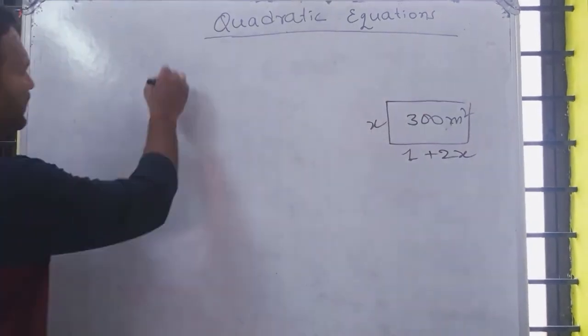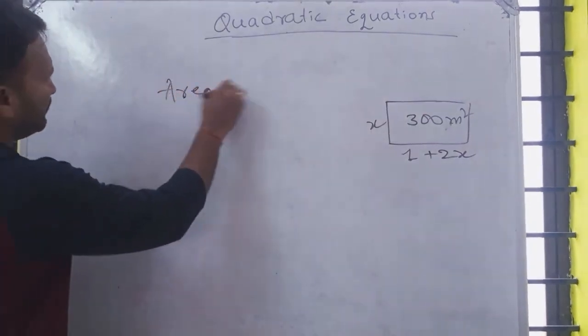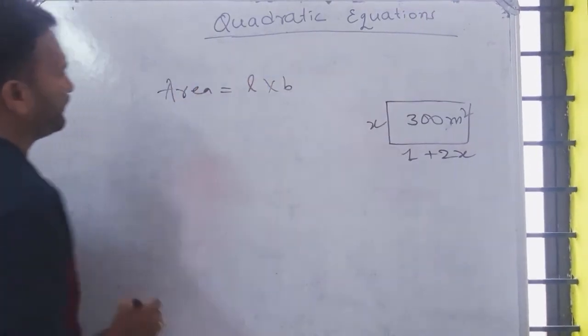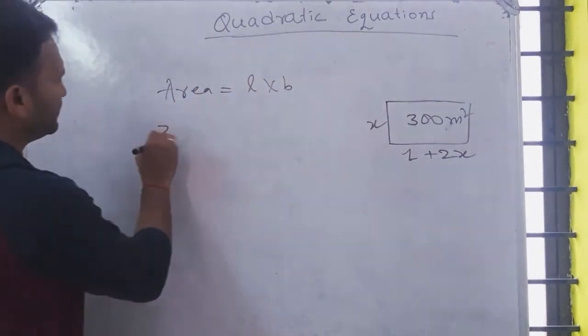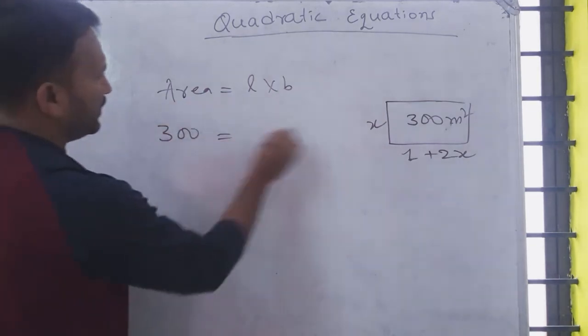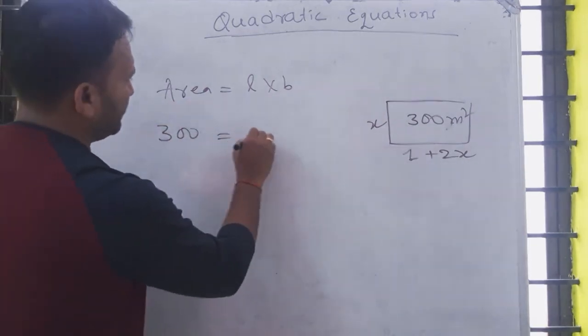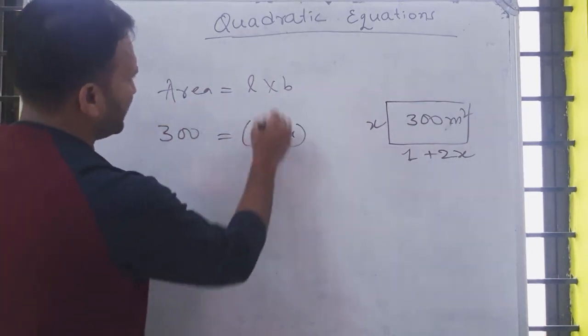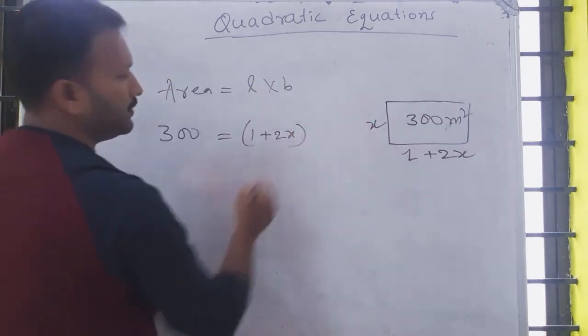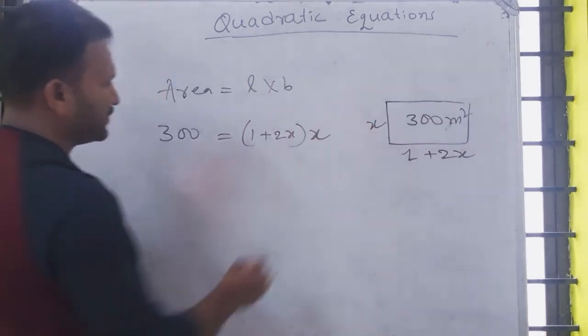We know area is equal to L into B. Area is given, that is 300 meters square, and L is 1 plus 2x, and the breadth B is x.